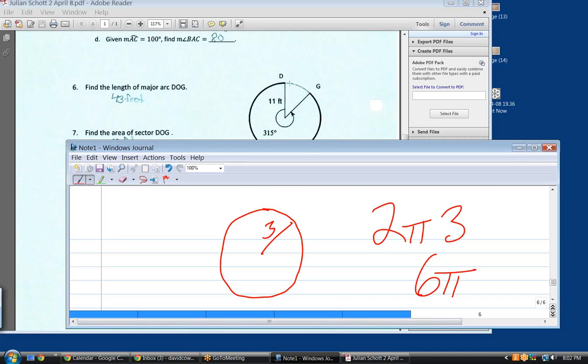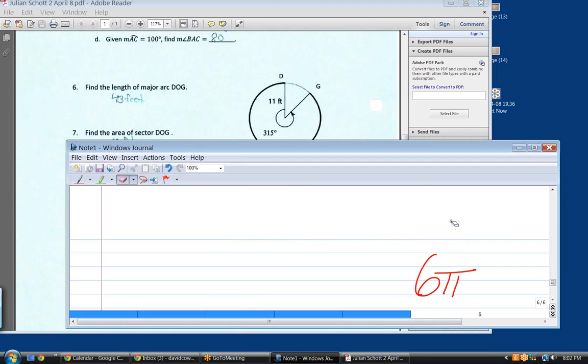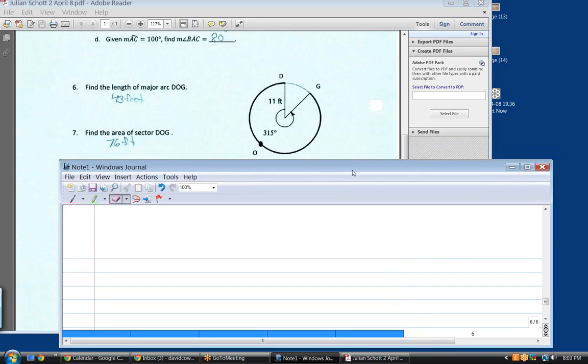So the measurement of the entire arc here would be what? In other words, forget the fact that they've taken this angle out here. Let's just look at that whole circle. What would the measurement of the entire circumference of that circle be? 360? Circumference.